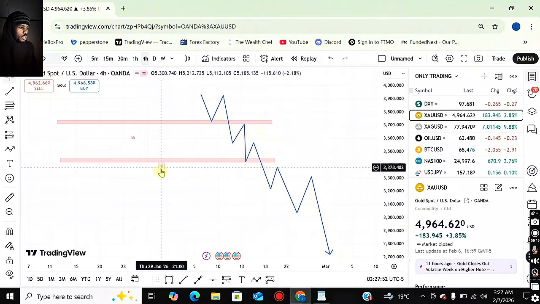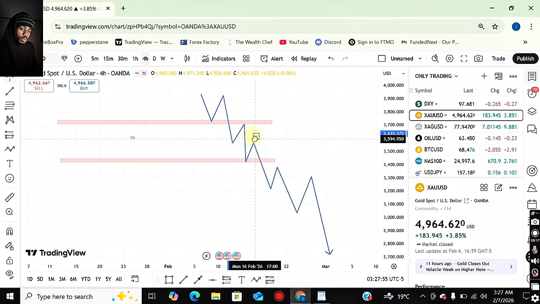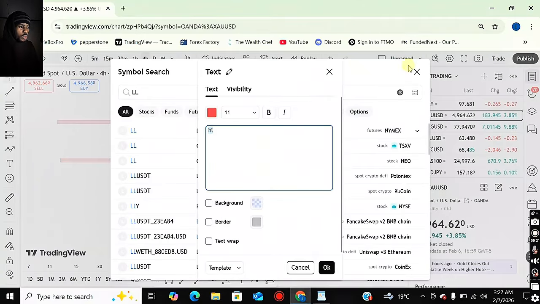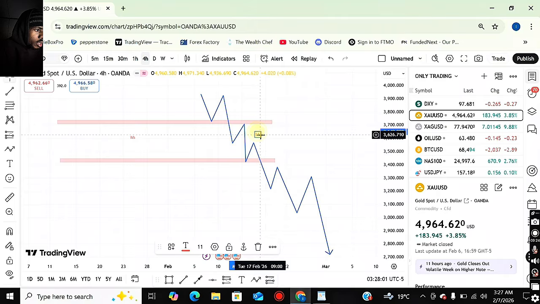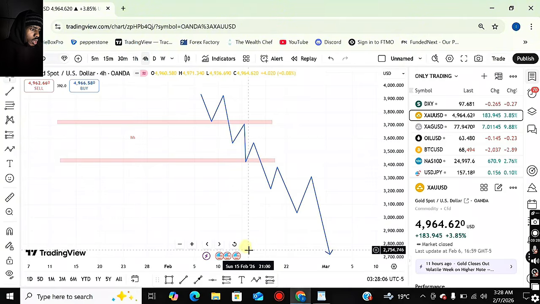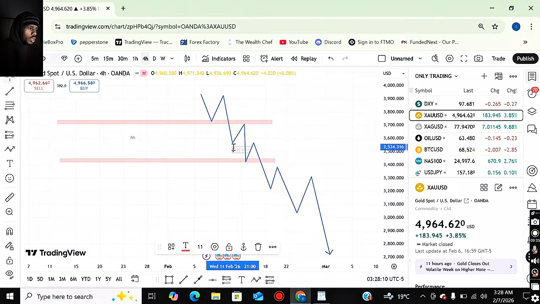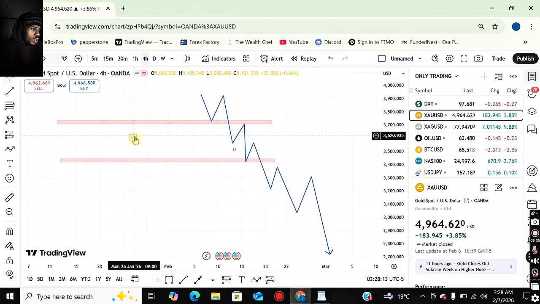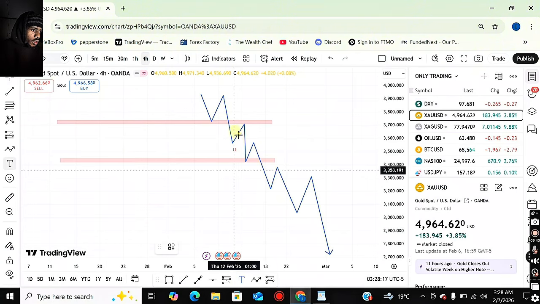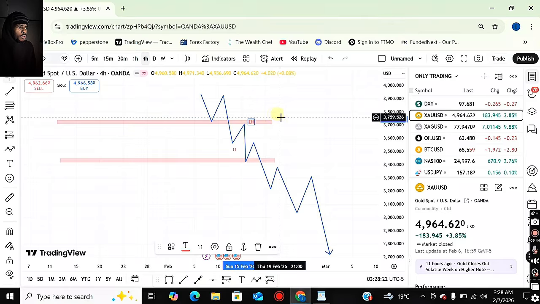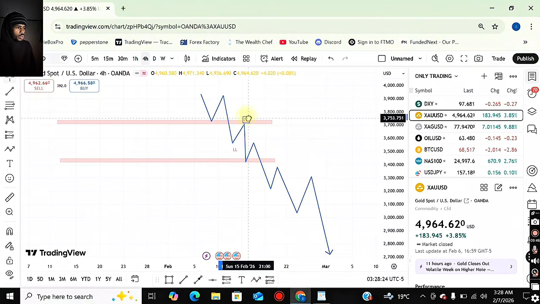And whenever it's making a downtrend, it will make lower lows, LL, and then it will make lower highs, right? So this is what it will do.